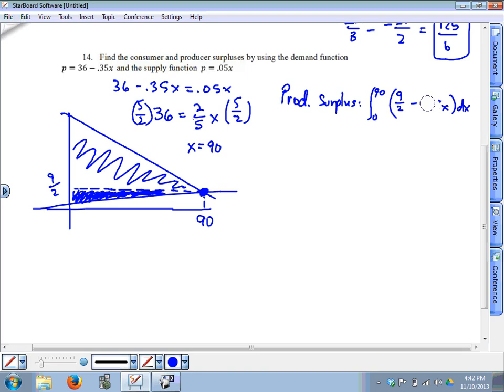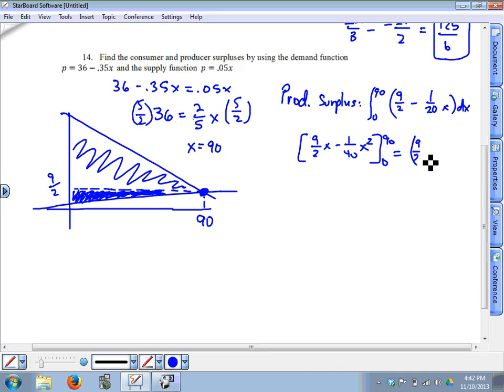Now 0.05 is the same as 1/20th. So when we integrate and find the antiderivative, this is going to be 9/2 x minus 1/40th x squared, and that needs to be evaluated between 0 and 90.